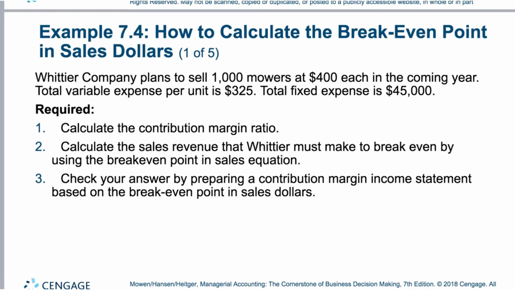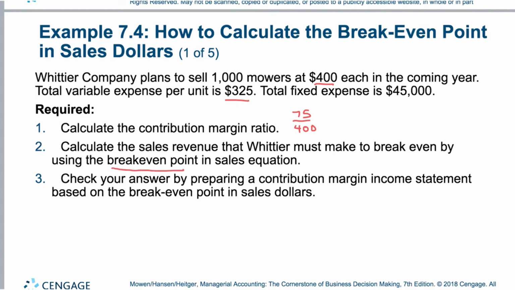Okay, so we're going to do it again. We are going to use that same example. We've got the $400 mower, which variable expenses are $325, so our contribution margin ratio, of course, is 75 out of 400. As before, we're going to calculate what the target sales revenue is, or the break-even sales revenue.